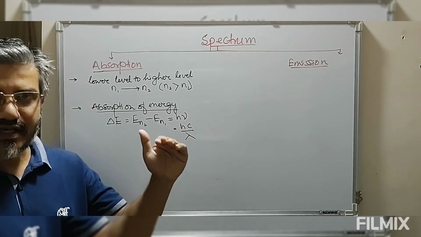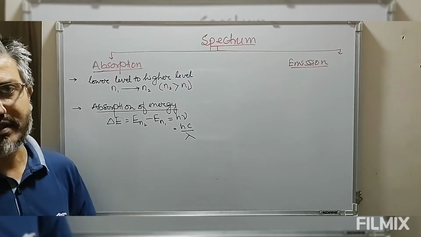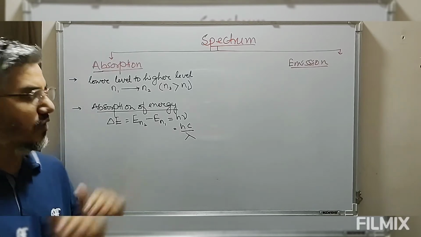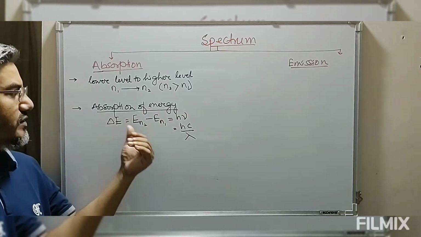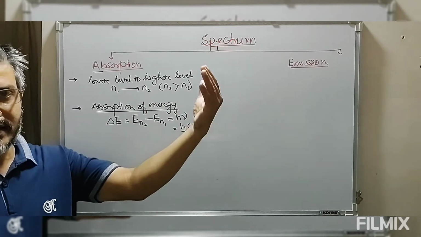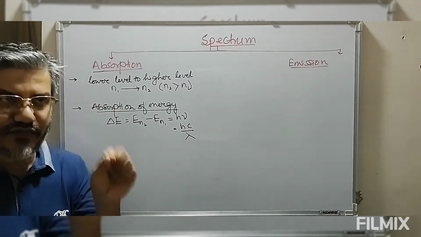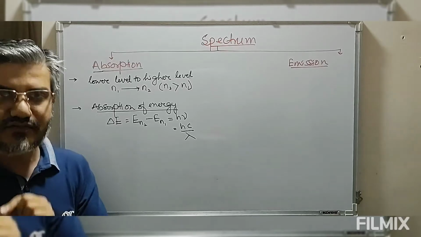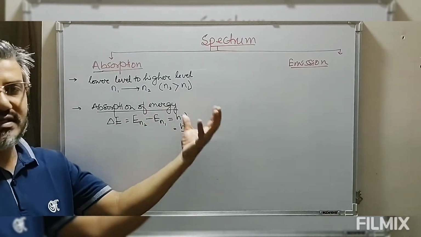As the frequency is absorbed, that frequency will be missing in the spectrum, because there it will appear empty, since this frequency or wavelength has been completely absorbed by the atom for excitation of electrons from the lower level to the higher level. So when you look at the spectrum, you will find dark lines there. These dark lines mean some frequency is missing, and that missing frequency is the frequency that has been absorbed by the atom for the excitation process.